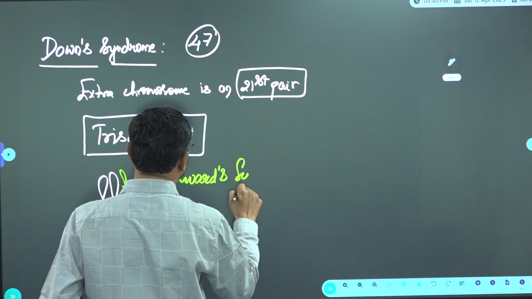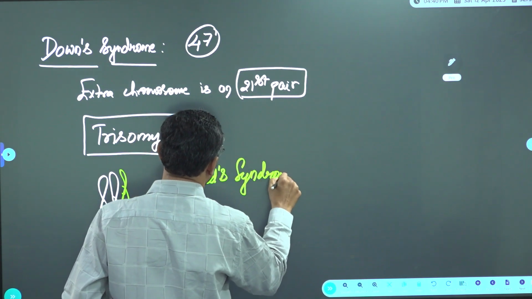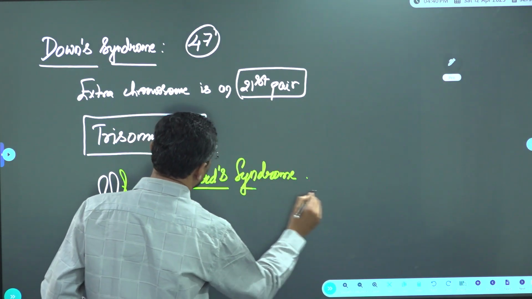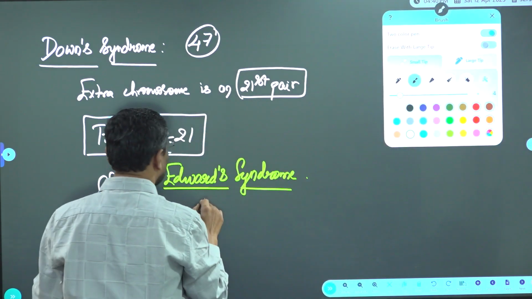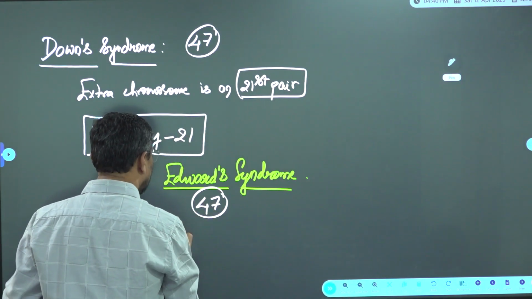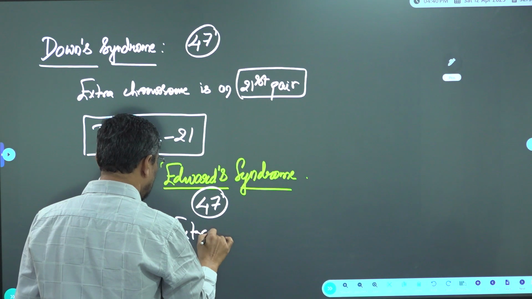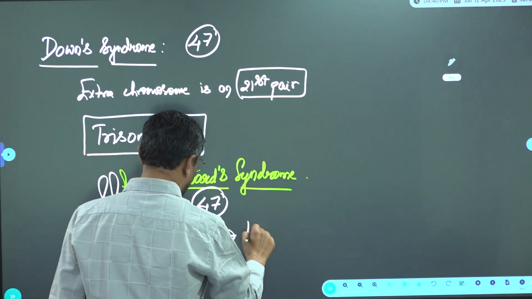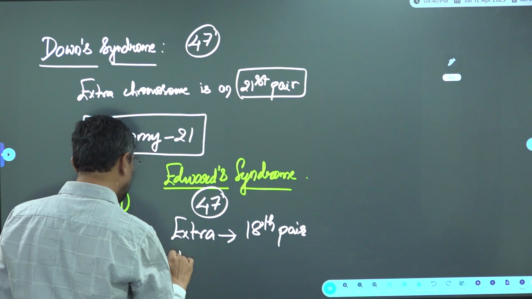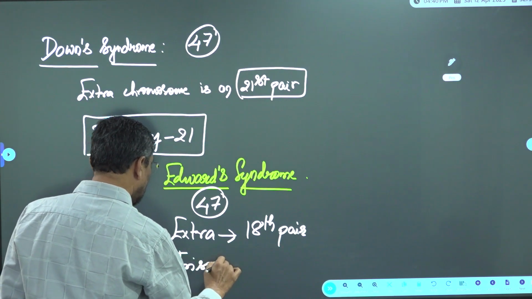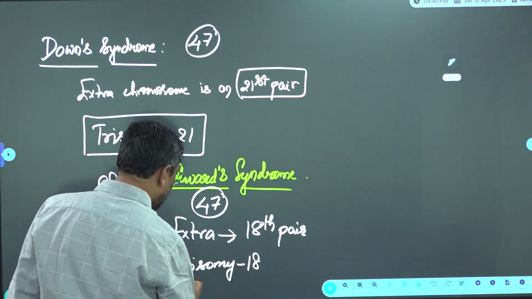Next, Edwards syndrome. Here also the number of chromosomes is 47. The extra chromosome is on the 18th pair, so it is called trisomy 18.